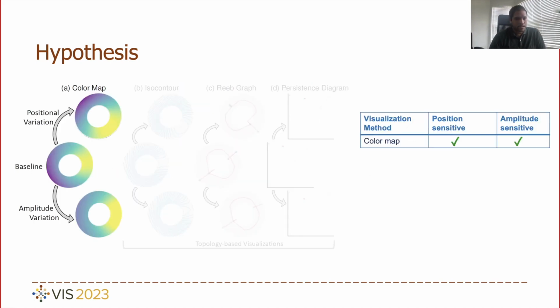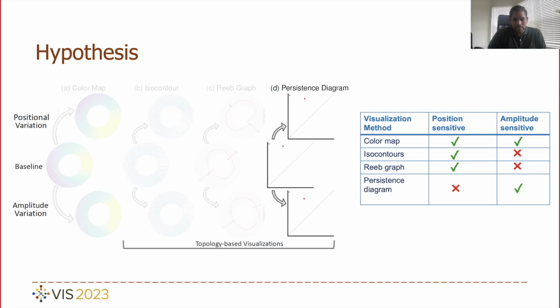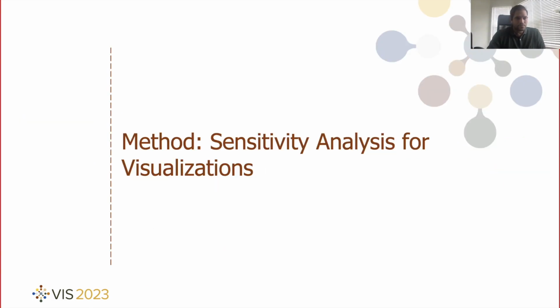Now, we observe that color maps are sensitive to both positional and amplitude variation of underlying Gaussian, whereas isocontours and reeb graphs show more sensitivity to positional variation and not much sensitivity to amplitude variation, as we can observe that the visualization has not changed much for amplitude variation, and persistence diagrams are more sensitive to amplitude variation compared to the positional variation. Now, this was our hypothesis.